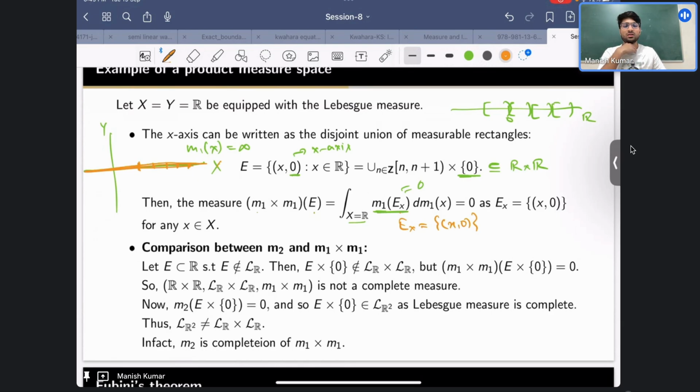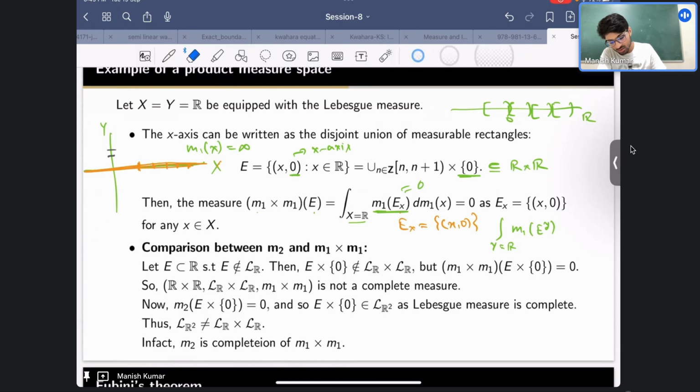Is this fine? Then we also have to define the y section of E. Yes, if you define the y section also, so how will you define? You will integrate over y, and then you will look for m1 of Ey, right? And what will be Ey?